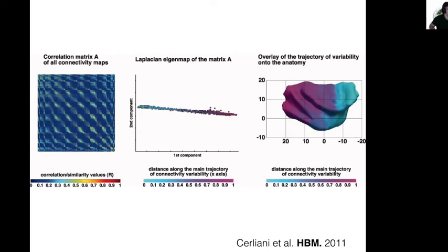And then you can project back these colors that you have on your one-component and two-component scatter plot onto your insula, as you can see here on the right panel of this slide. And that was really a pioneering use of nonlinear dimension embedding and projecting it back onto the brain.